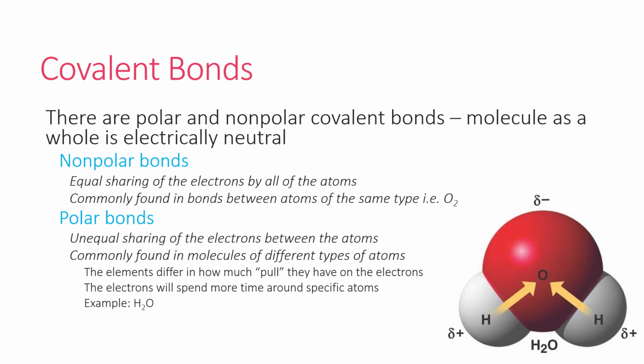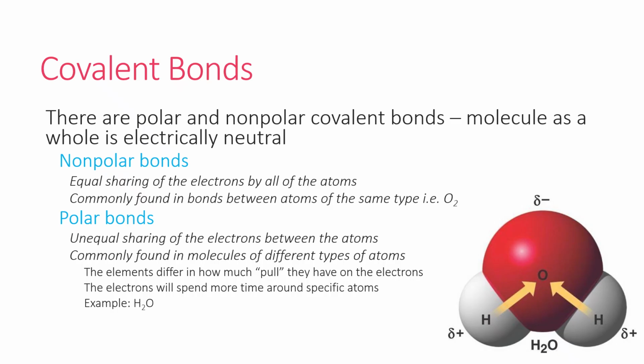Now, if you count it all up, it is going to be electrically neutral. There's going to be the same number of protons as electrons. But because of this unequal sharing, you can see this symbol right up here. This means that this oxygen atom, as part of this molecule, is going to be slightly negative, and the two hydrogens are going to be slightly positive.